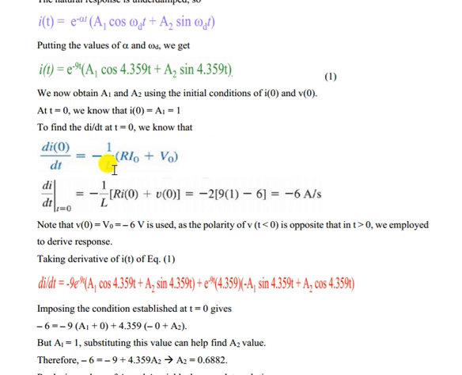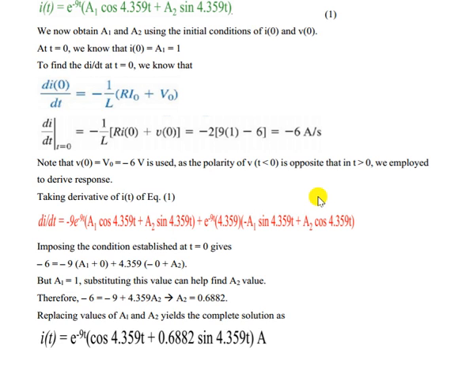So if you take L here, and both are minus terms, that will be on the right hand side, plus equal to 0. So we get this expression for di dt at t equal to 0. Just put the values of L, R, I0, V0. We got minus 6 ampere per second.